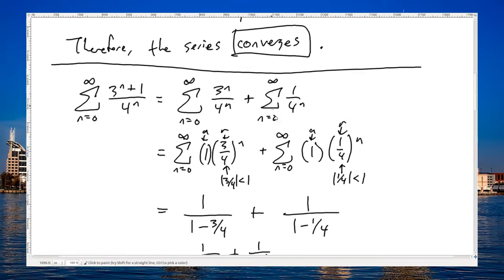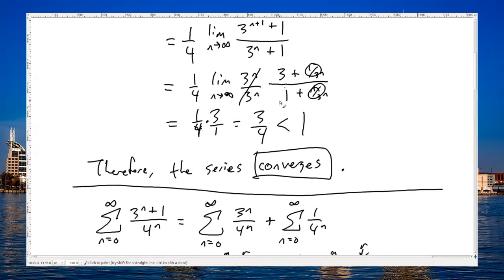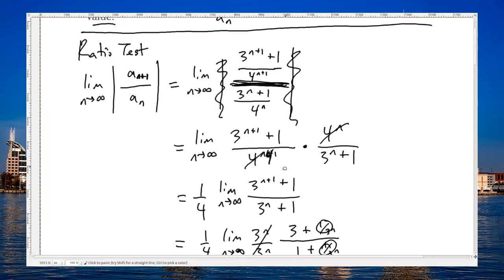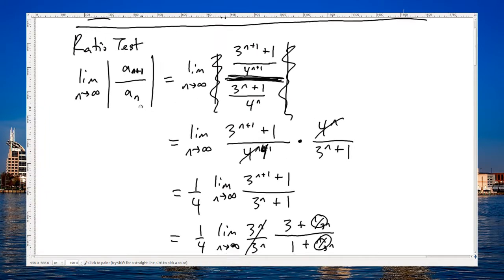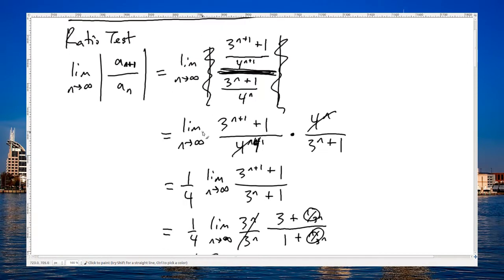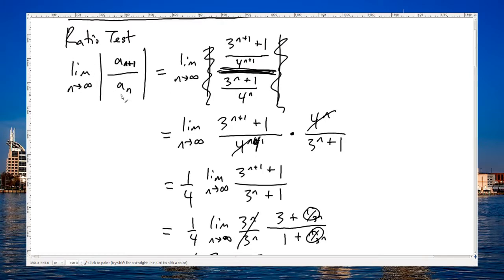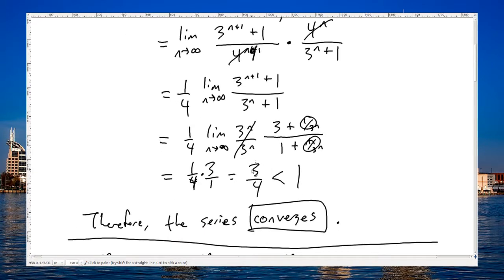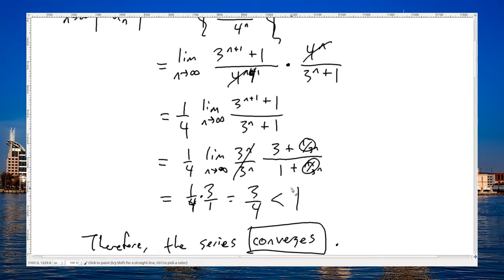All right, something to keep straight, because it's easy to forget, is that a lot of people will think that 3/4 is the value of the series. That is incorrect. 3/4 is simply what we get by taking the ratio test. It's just some number from some made-up limit that allowed us to show that because we got a ratio of less than 1, terms are getting smaller at a rate of about 3/4.